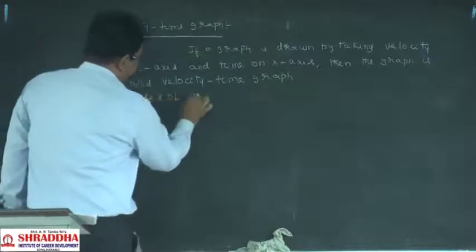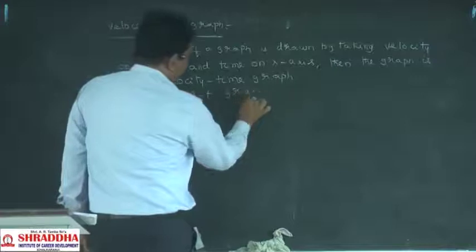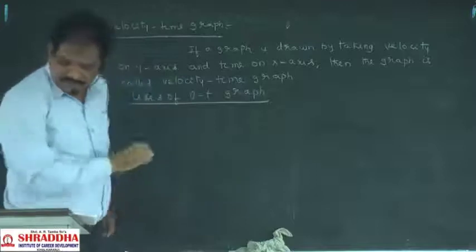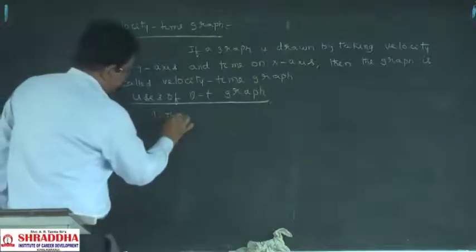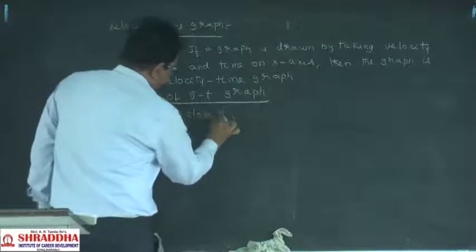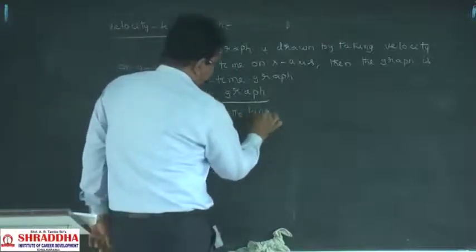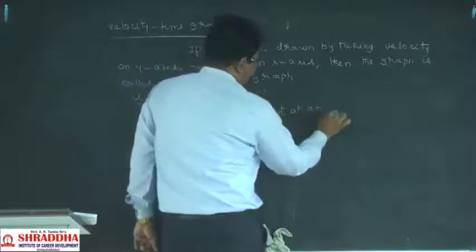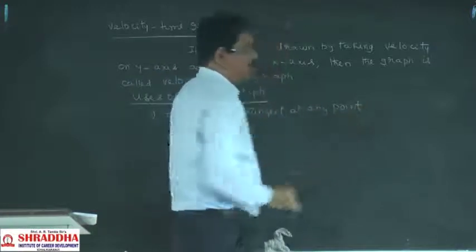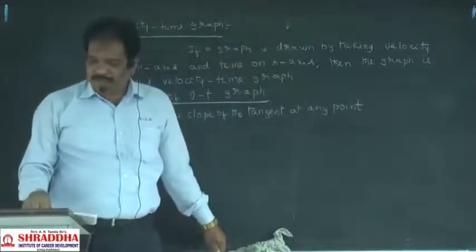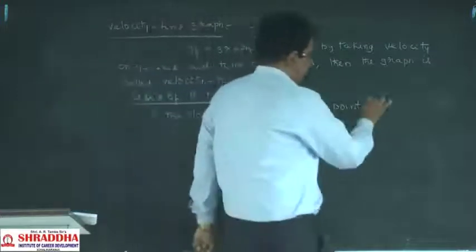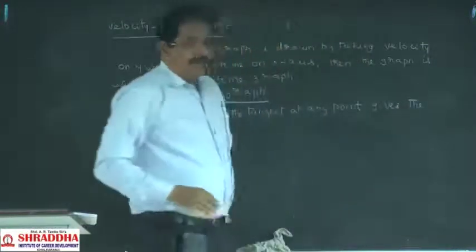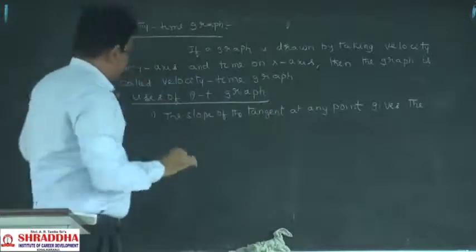Uses of the VT graph. Okay, first one: the slope of the tangent at any point gives the instantaneous acceleration. This is the theory part. Theoretical questions will be there on this, so we have to remember all this. The slope of the tangent at any point gives the instantaneous acceleration.